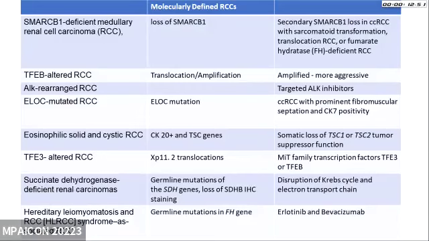And this is the list of molecularly defined RCCs: medullary carcinoma, TFEB altered RCC, ALK rearranged RCC, elongin C mutated RCC, TFE3 altered, succinate dehydrogenase deficient renal cell carcinoma, and HLRCC. So I think I covered all the three sites, and thank you very much for your patient hearing.